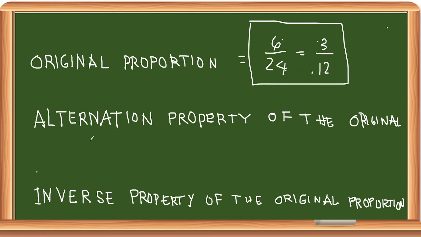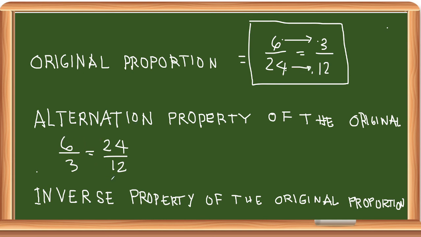Okay, so let's have 6 over 3. 6 is to 3 is equal to 24 over 12. Nagsimula ka dito. Ito yung ginawa mong numerator, ito naman ginawa mong denominator. Alternation. 6 is to 3 is equal to 24 is to 12.